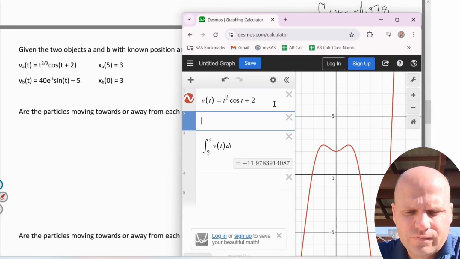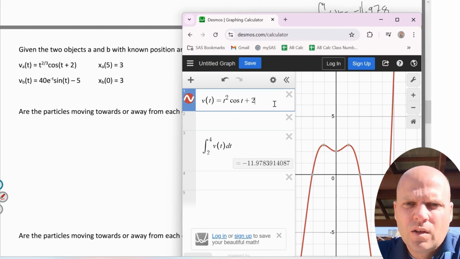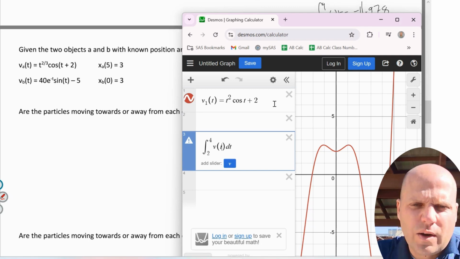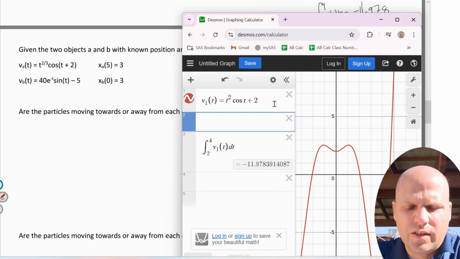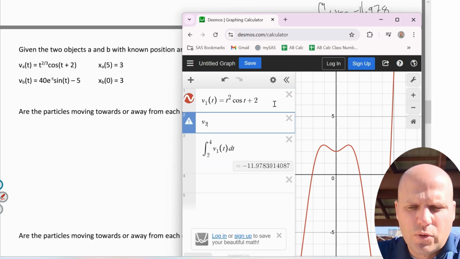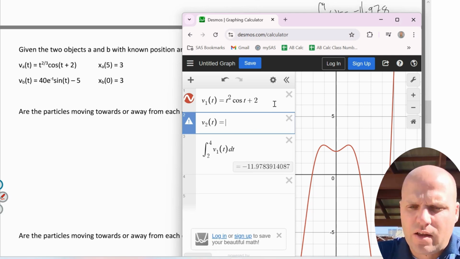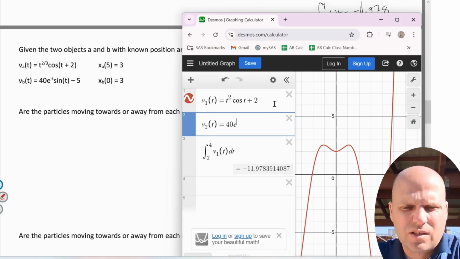Do velocities. Should I do V1? Does that work here? Oh, nice. Then I could do V sub 2. Do a sub with a shift and then the minus sign. If you want to do f of x, g of x, you could do that. I kind of like this.